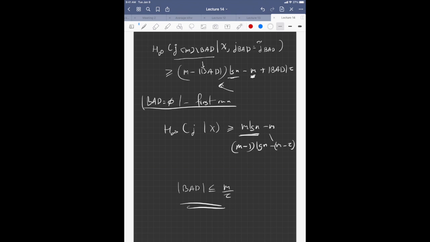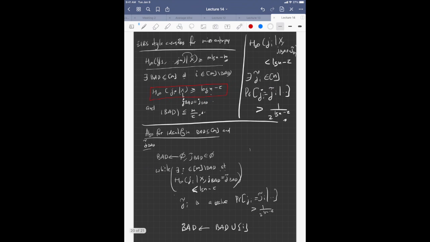But now I've already taken some time over the limit, so I'd like to conclude by saying that this is not going to cut it for us, because now we are not only conditioning on x, but we are conditioning on these bad coordinates being this particular value j tilde bad.